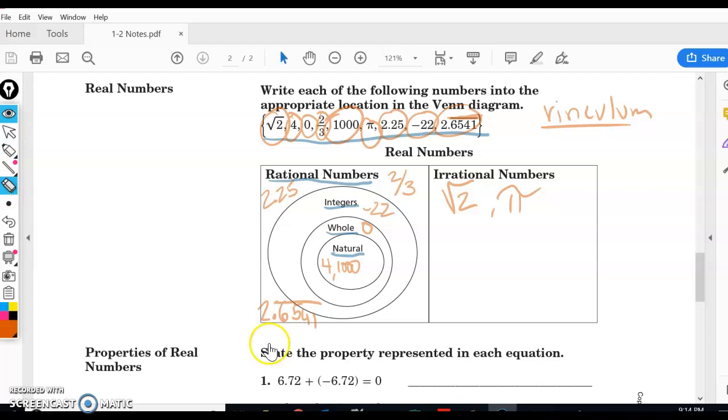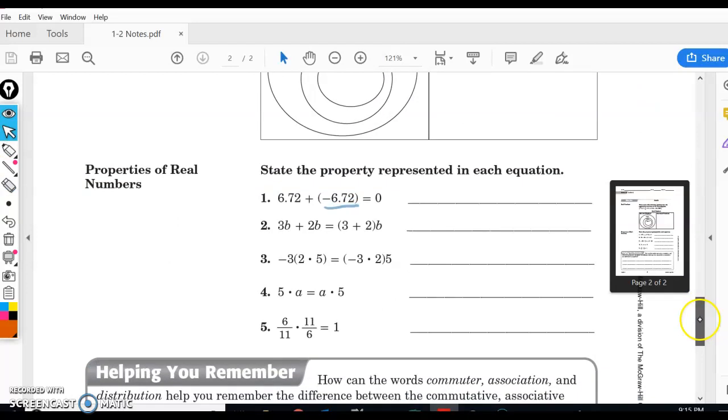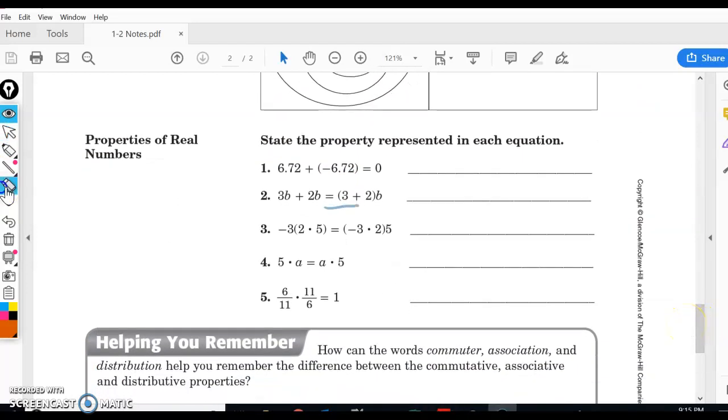Next thing we're going to do is write a couple properties of real numbers after I erase this stuff up here. Okay, let's scroll down. 6.72 plus -6.72. That is the inverse property of addition.